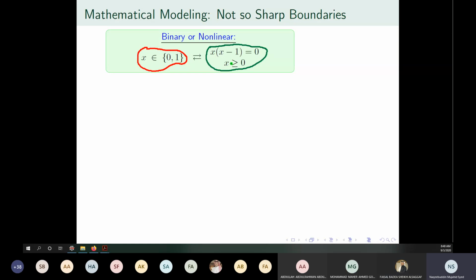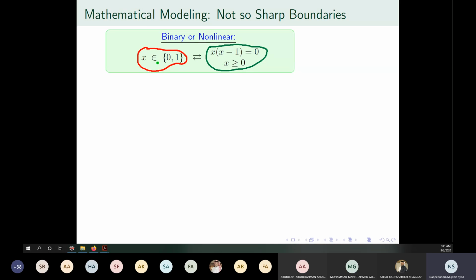Continuous, right? It's a continuous variable. But if you look at the red region, it is a binary variable. They both act the same. The possible values of x here are 0 or 1. Here also, the possible values of x with this constraint are 0 and 1. So here it is a binary, discrete variable. Here it is a continuous variable.